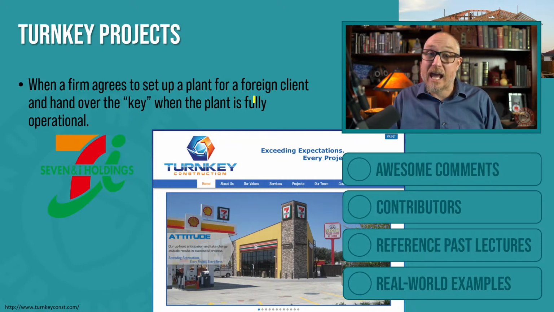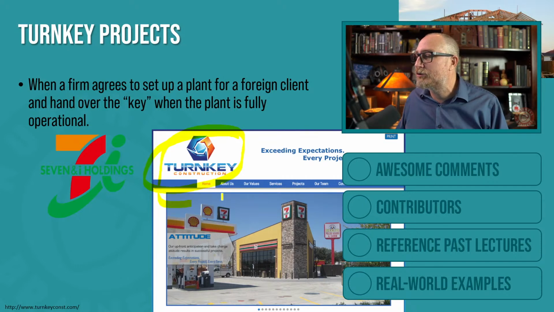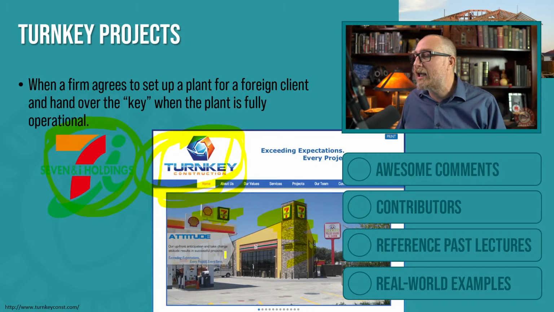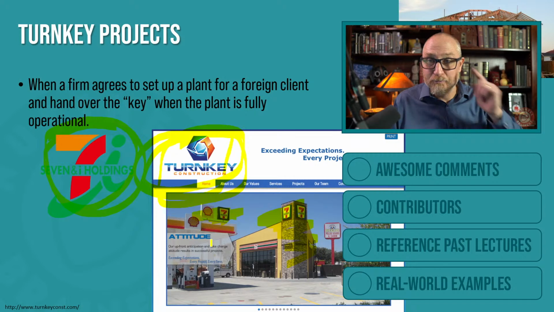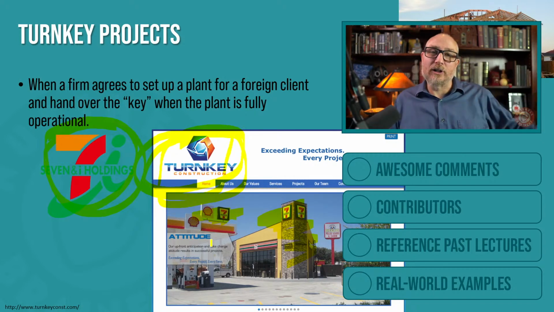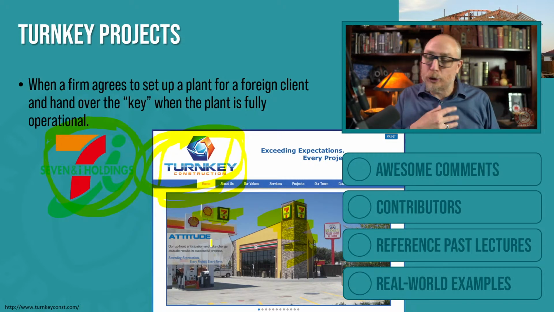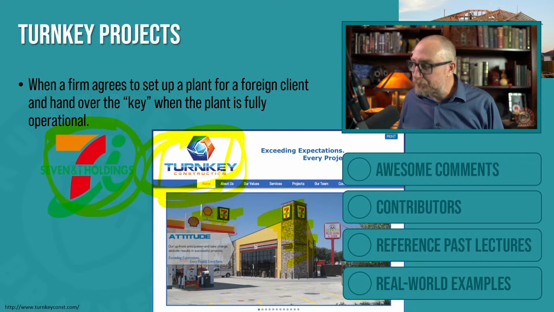I mean everything. So the idea is this company, and this company right here, Turnkey Construction, they are the construction company who does turnkey operations for 7-Eleven. So if you want to start a 7-Eleven franchise, you go to Turnkey Construction.